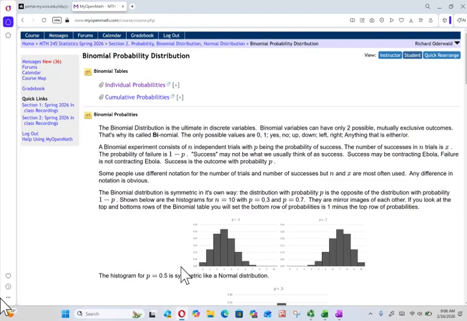Right, we're going to go back to binomial a little bit, and we're going to do the binomial functions in Excel. So you need to get Excel running.